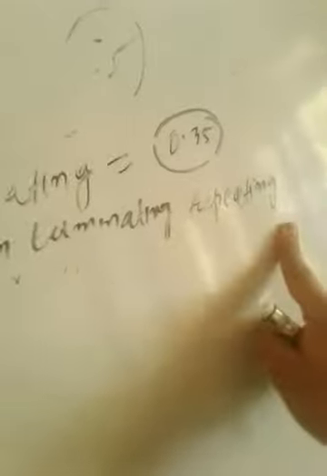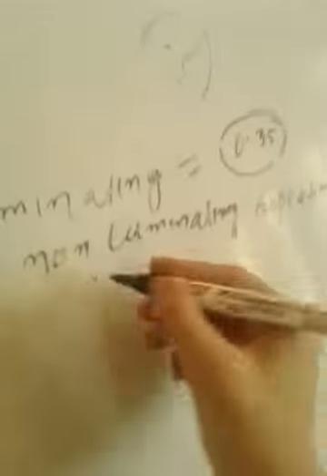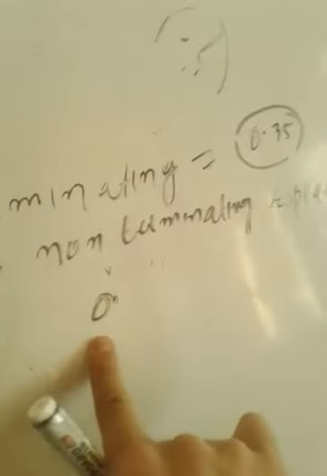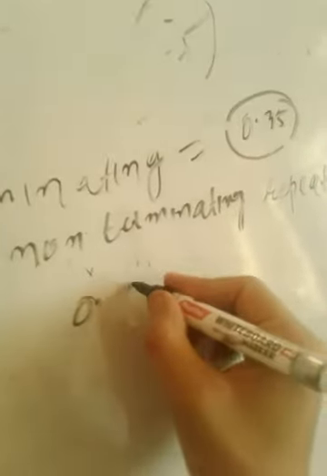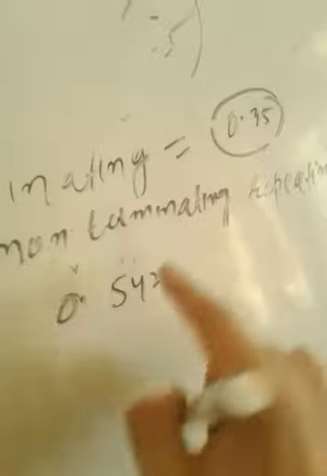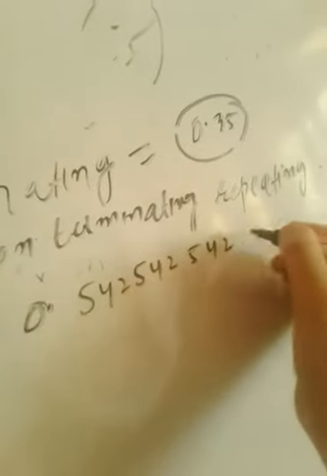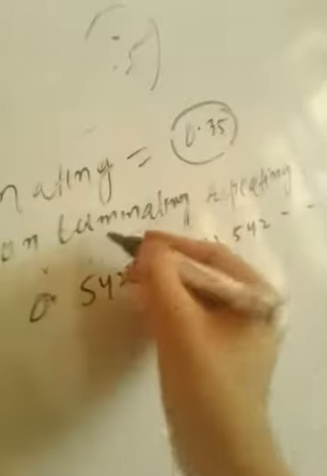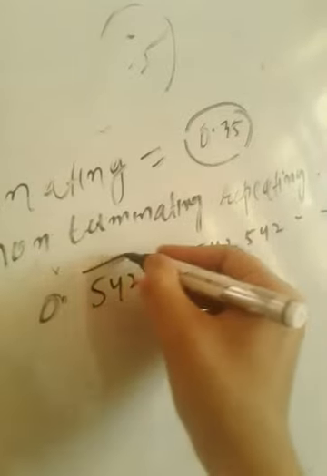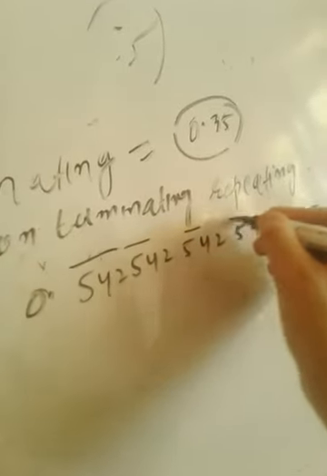Non-terminating, repeating: if after dividing the numerator by the denominator you get an expansion like 0.542, 542, 542, 542, it will go on endlessly. But if you see the pattern, this 542 continuously repeats.